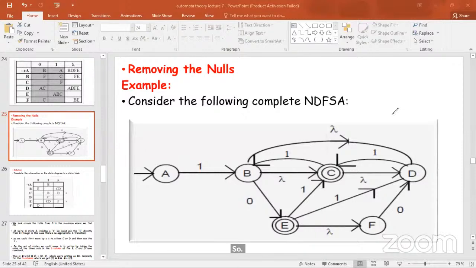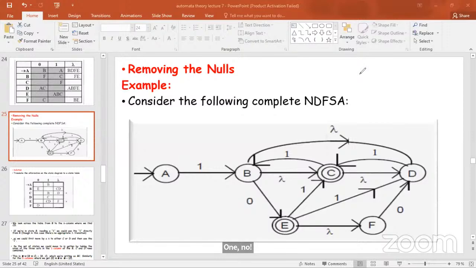C and E. Good. What is the initial state? A. So how many input symbols do we have? 3. And what are they? 0, 1, and null. Those are the inputs. So you have been able to interpret that by yourself.